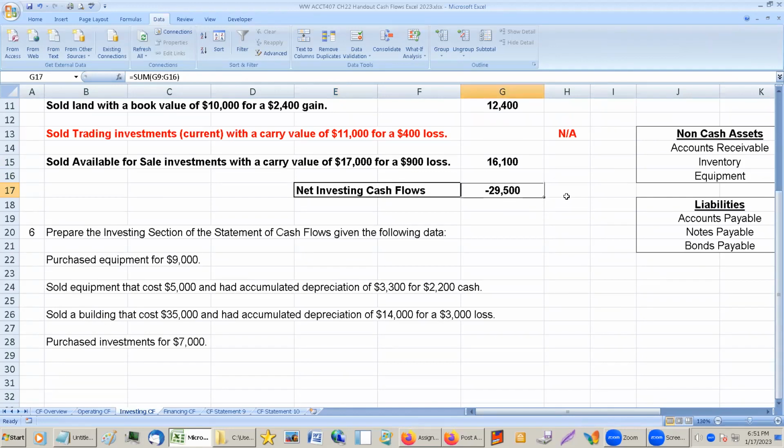It might sound a little bit weird, but for the investing cash flows, you want those to be negative, which is kind of counterintuitive, but what that means is that they're investing in the company. They're buying more equipment, more long-term assets, more property or whatever it is. So a company that's staying the same size or growing is going to have a negative cash flow in the investing section.